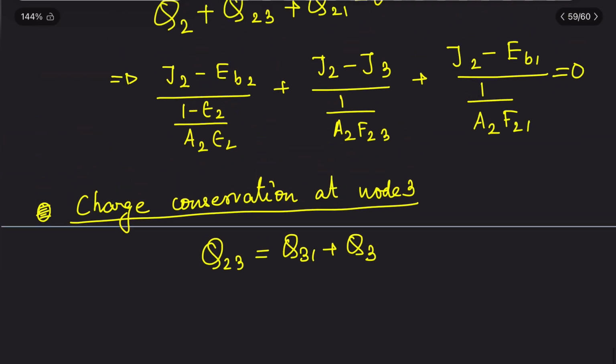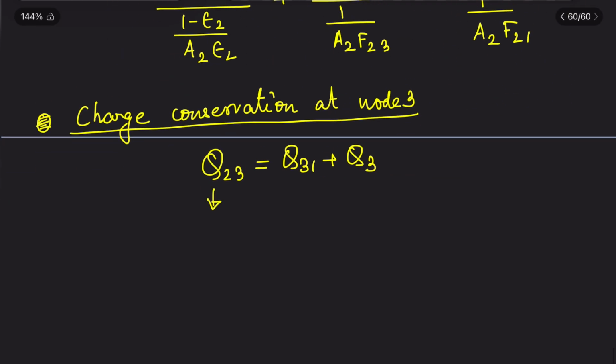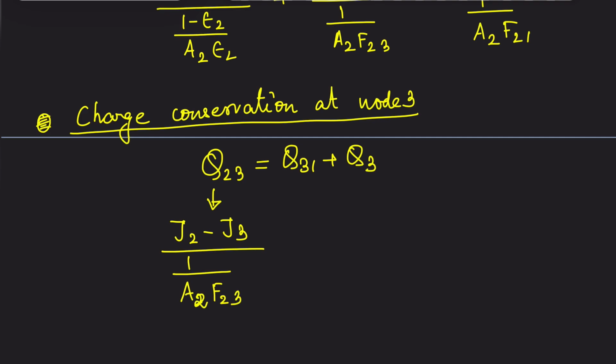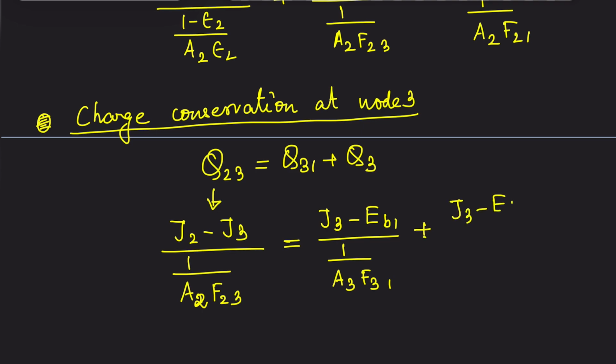Fine. That means if I again write, let me just write it, it will not take much time. So this will be A2 F23, this will be J3 minus J1, where J1 is EB1, this will be A3 F31 plus Q3, which is J3 minus EB3 by 1 minus epsilon 3 by A3 epsilon 3.